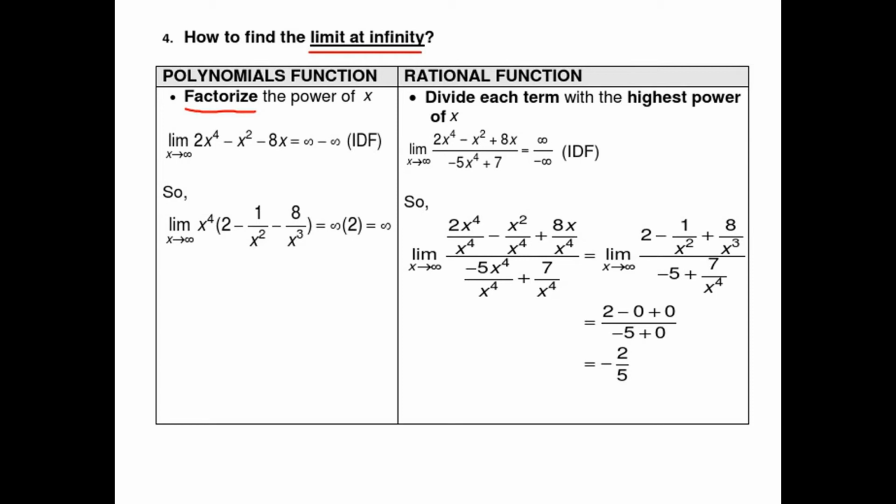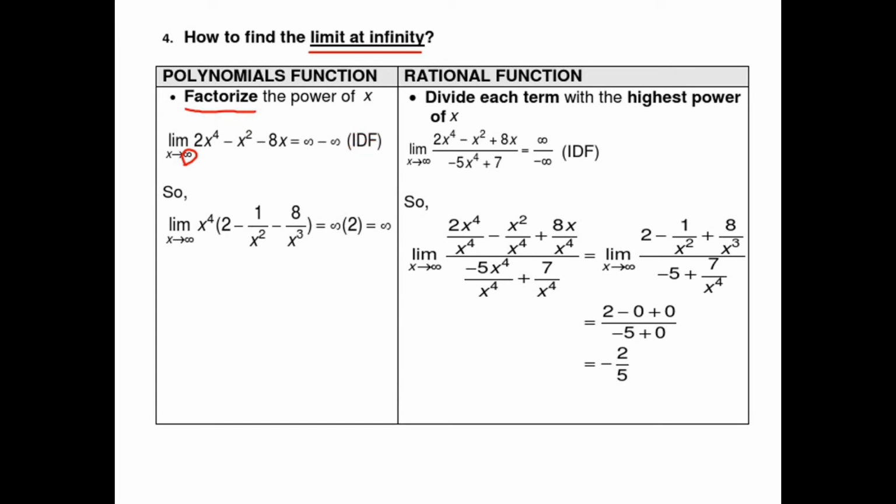For example, the limit as x approaches infinity of the function 2x to the power of 4 minus x squared minus 8x. When we substitute infinity in this function, we get infinity minus infinity minus infinity, so equal to infinity minus infinity. It is called an indeterminate form.